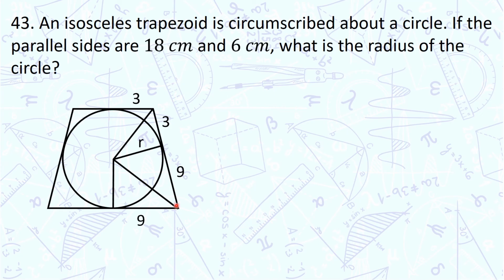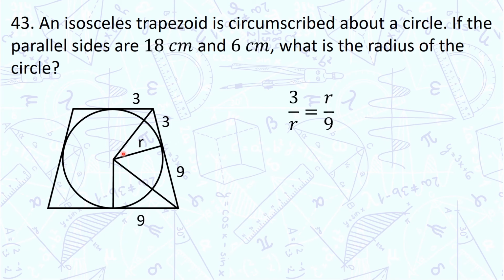The base angles of the trapezoid are formed by segments tangent to the circle. Then these tangent segments are equal. So we have 9 and 9 on the lower base angle of the trapezoid, 3 and 3 on the other angle of the trapezoid.